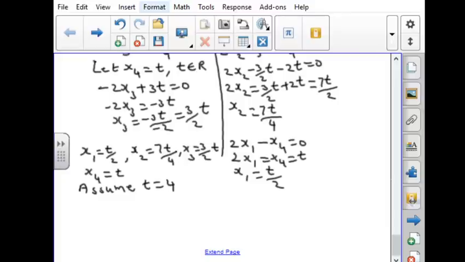When t is equal to 4, x1 becomes 4 by 2, which is 2, and x2 becomes 7, and x3 is 3 into 4 by 2, so 2 gets cancelled and you get 6. And x4 is equal to 4.